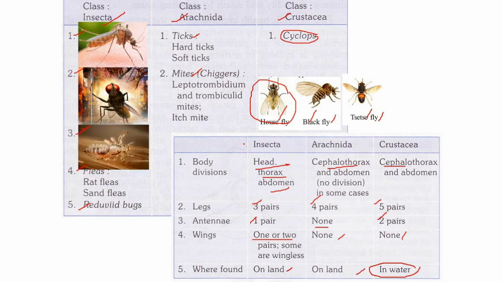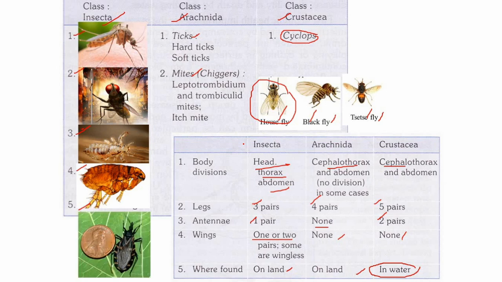This is the housefly. And then we have the louse or head louse. Then we have the rat flea. This is the classical image of the rat flea, from which we can identify the rat flea spotter easily. And this is the redweed bug. Then we have ticks and mites. When a head is separately present and almost conical, you can say it is a hard tick.